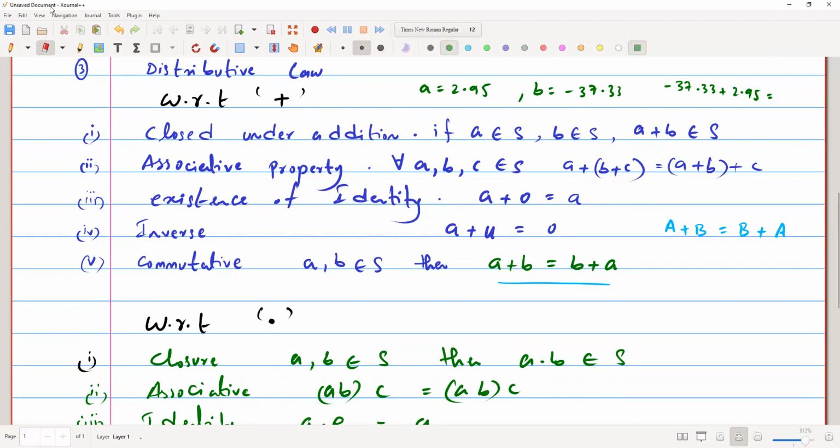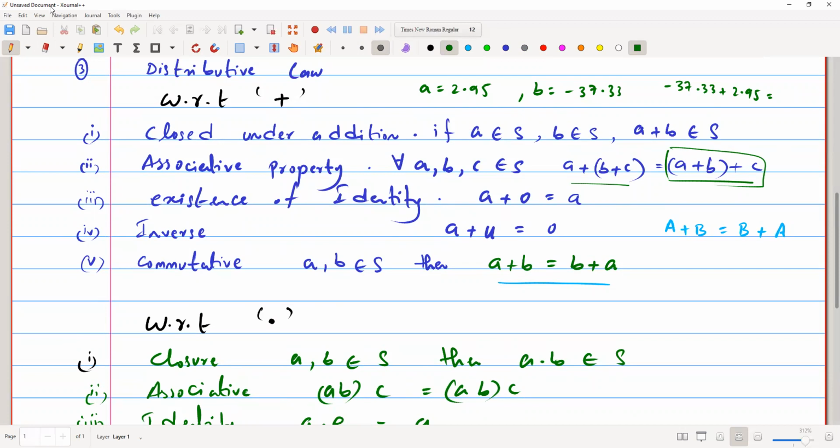So if you take any two numbers from the real numbers and sum them up, we get a number that is also from the real numbers. And then the associative property also holds for any numbers. If we sum up in this manner, we will get the same thing, or we can just equate and check whether this property holds, and yes, it does hold.